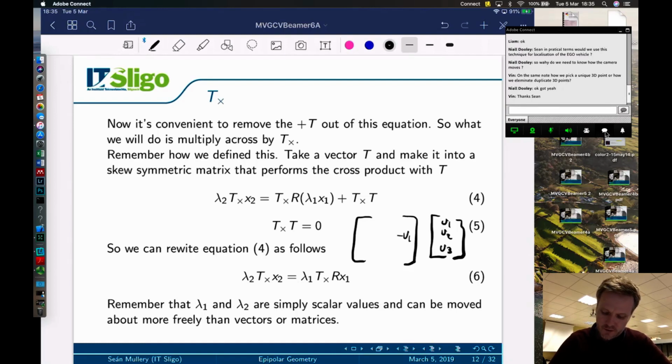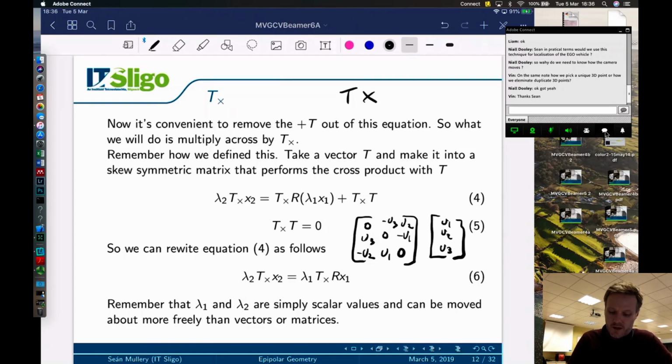There's minus u1, u2, and minus u3 up there with zeros along the edges, and then we have minus u2, u1, and u3. I hope I have that correct. And if you remember, the operation of this was to do a cross product with a vector. So in this case it would be like getting the cross product of t with some other vector.